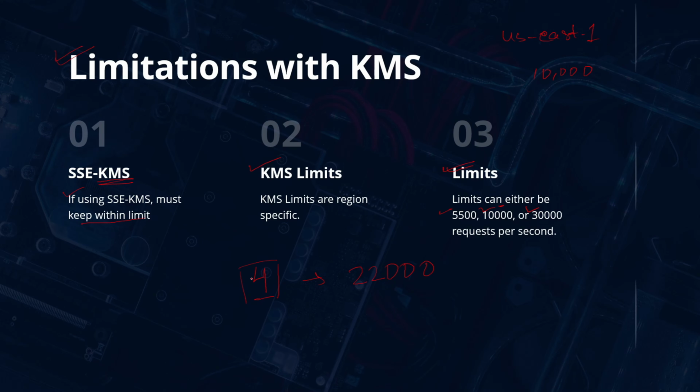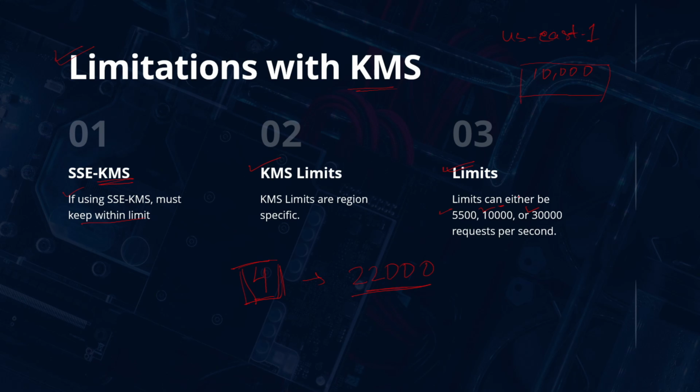So basically, even though we have four prefixes that allow us to make 22,000 requests per second, this will again be limited by KMS because KMS only allows a max of 10,000 requests per second.